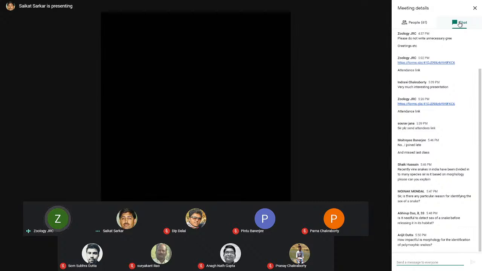And at the same time, Spirit Dash also wants to know, is it needful to detect the sex of a snake before releasing it in its habitat? Come again, please. So, is there any particular reason for identifying the sex of a snake?